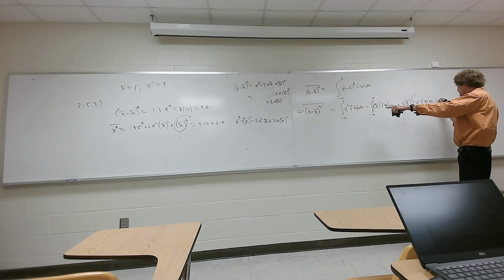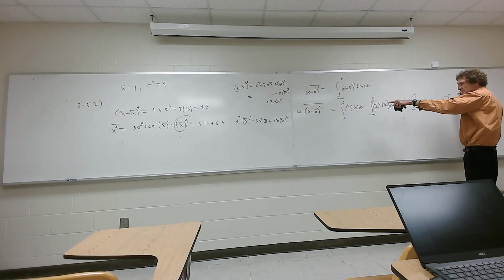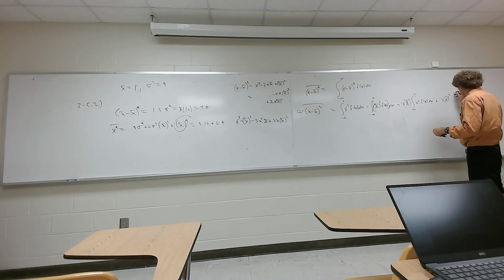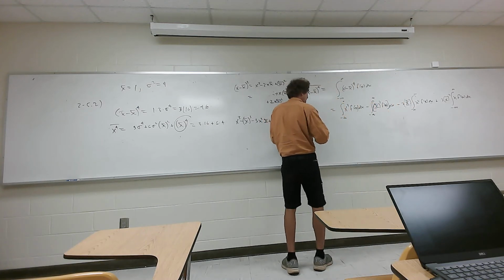Finally, it's plus 3x bar, now the x bar is just the average value, it's a constant, times the integral from minus infinity to infinity of x times f of x dx. Remember, that's Gaussian distribution. All this is equal to 0, right?